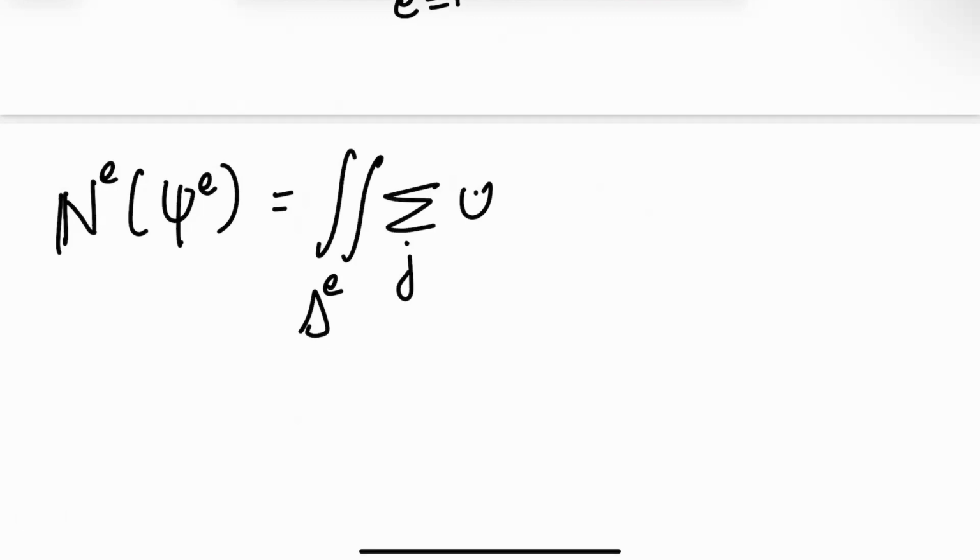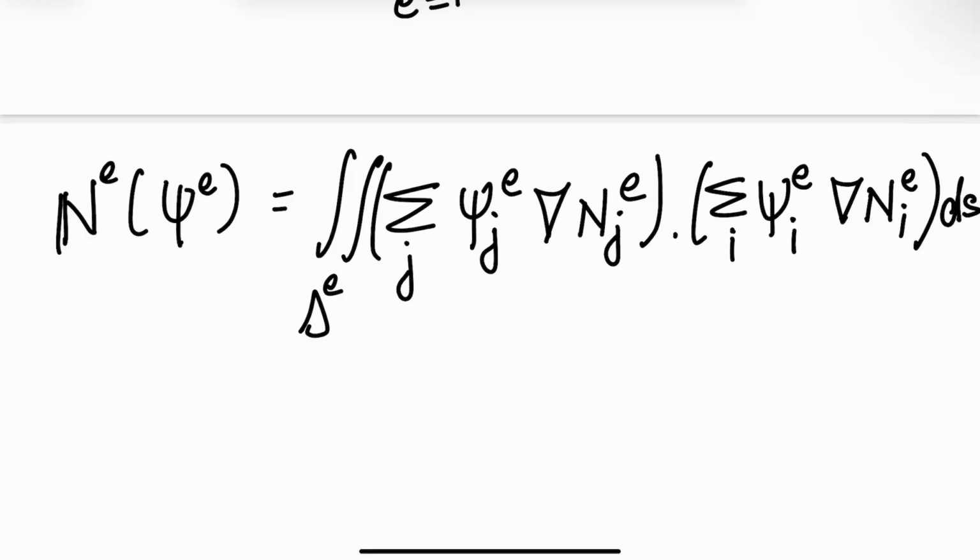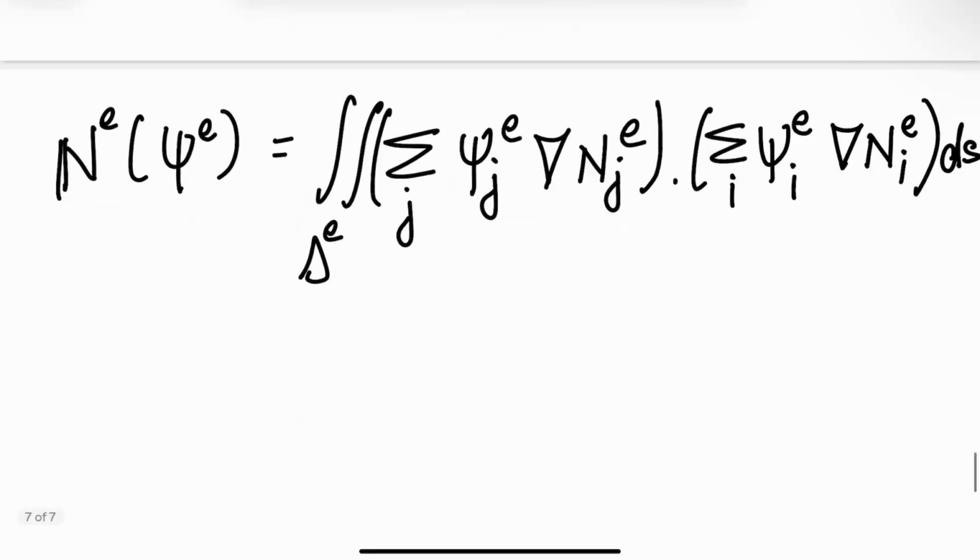Sigma j, je, I can pull the gradient in now, and the gradient only applies on this Nj quantity because only that's a function of x and y. So dotted with summation over, let's say this summation is over e, and ie, ds. And now my ds is only over a single element.